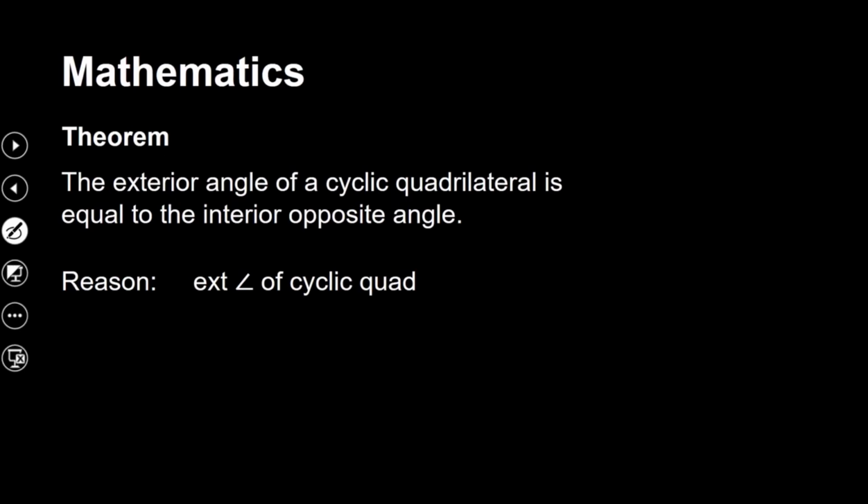So in this instance, this is what I mean, guys. You can only have an exterior angle if one of the sides is produced. If one of the sides is produced, only then, and I mean only then, can you have an exterior angle of a cyclic quad.